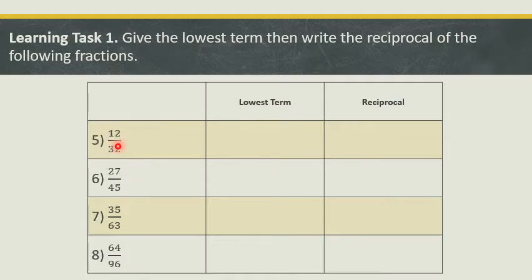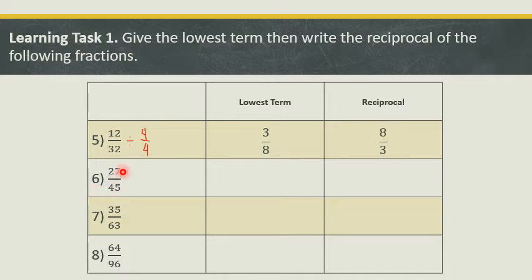Next, number 5. Ang common factor ng 12 at saka ng 32 is 4. So, divide natin to sa 4. 12 divided by 4 is 3. 32 divided by 4 is 8. And reciprocal po ng 3/8 ay 8/3.